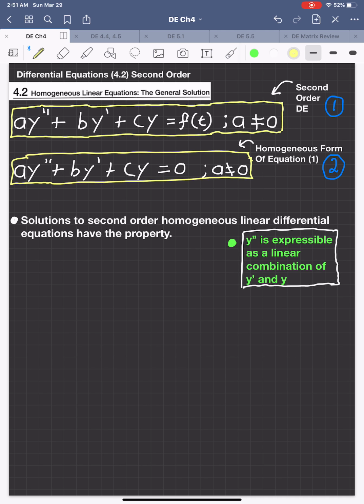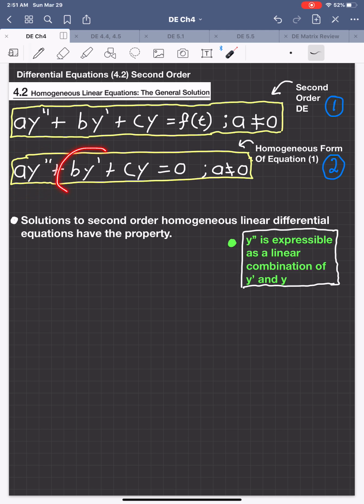Now, I want to start by making an observation, and then I'll try to generalize that observation. So, follow me along here. Imagine that I solved this equation for my second derivative, right?